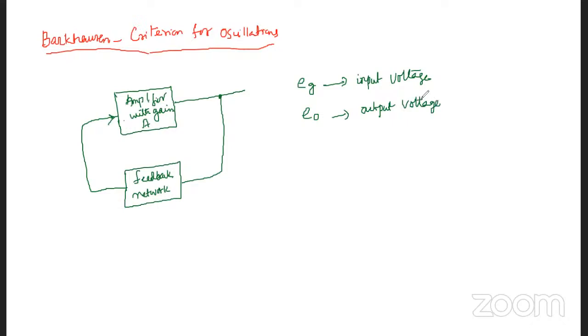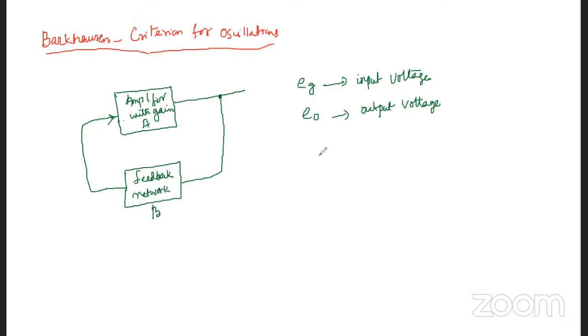If the feedback network introduces a fraction beta of the output to the input, this feedback network produces a feedback fraction of beta.